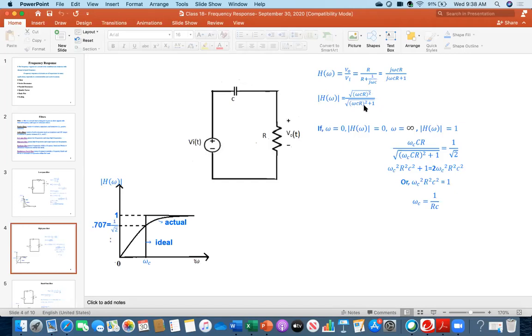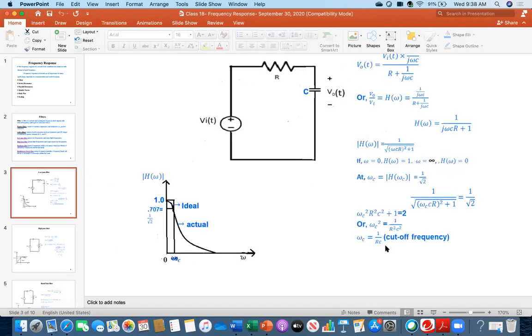So 1 plus 1 is 2, then root 2. So you are getting 1 over root 2. So the cutoff frequency, where the value is 0.707, you get at 1 over RC. Therefore, this omega is 1 over RC here, and in the previous case it is the same. And it is easy to remember.